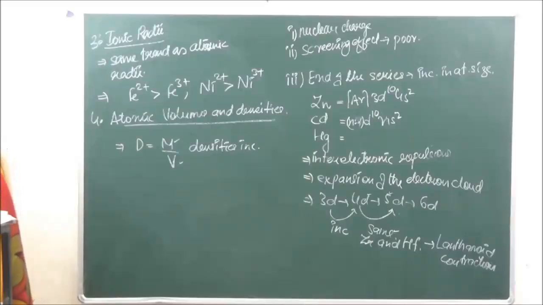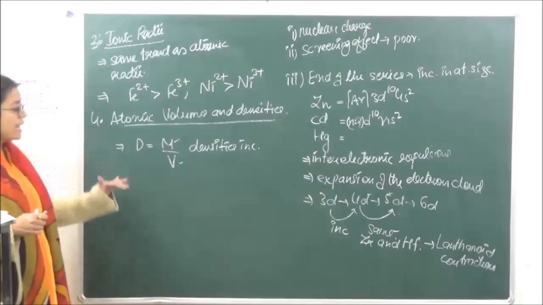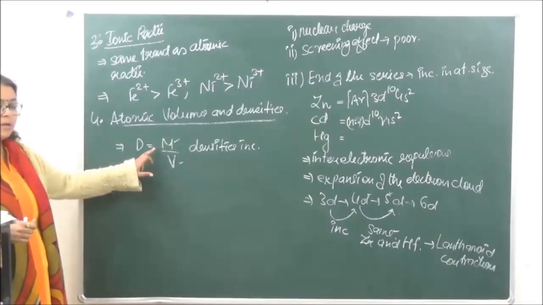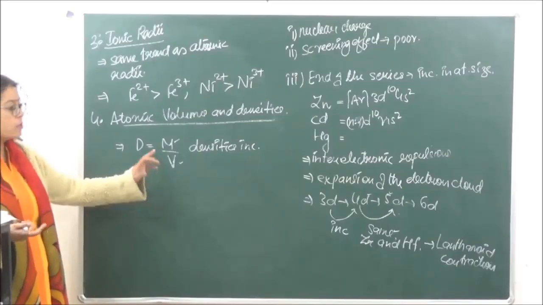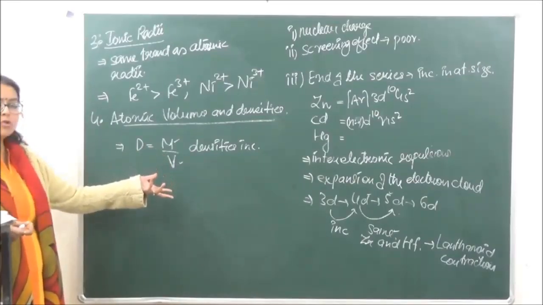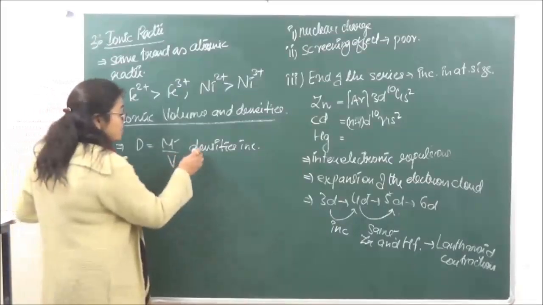Okay? Now when we are going from one row to the other, जब हम लोग 3D से 4D, 4D से 5D जाते हैं, in that case also masses are going to increase, and there is not much difference in the volume because atomic sizes जो है they are almost going to remain the same. So as a result of that, the density increases.